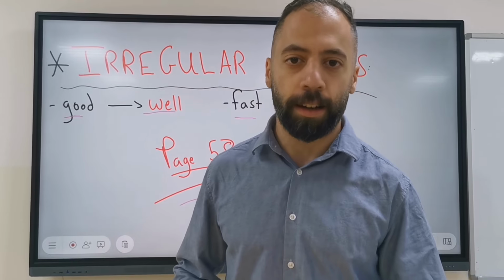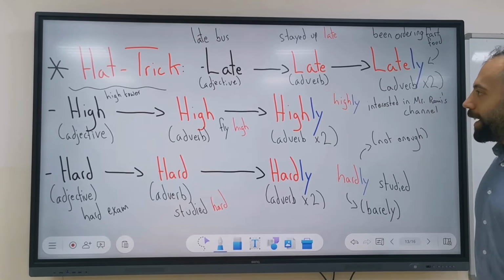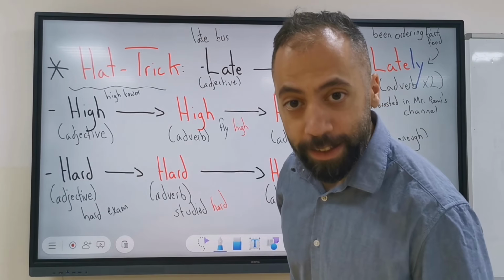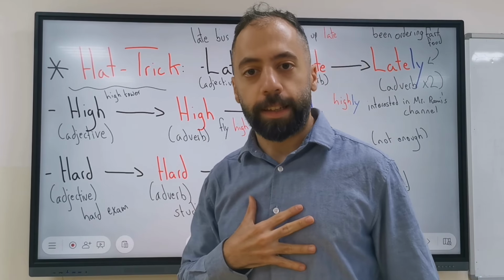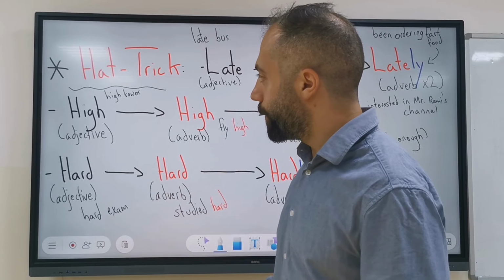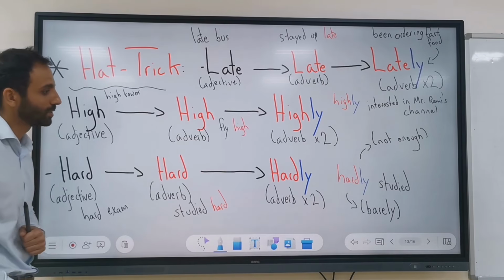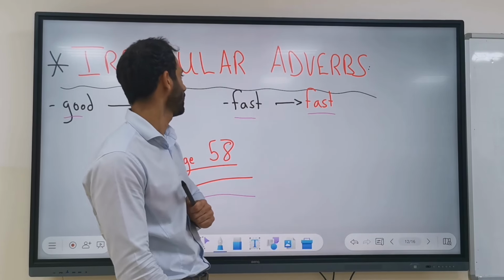Let's see. So here we have the hat trick. Mr. Khaled, if you want, you can start with late, and then I will take it over for high. Absolutely. And maybe you can finish off with hard. Fantastic. Mr. Rami, do you mind if I go back for one slide? The stage is yours.